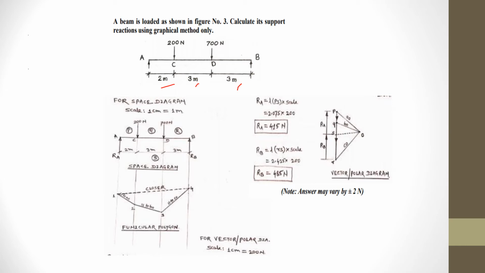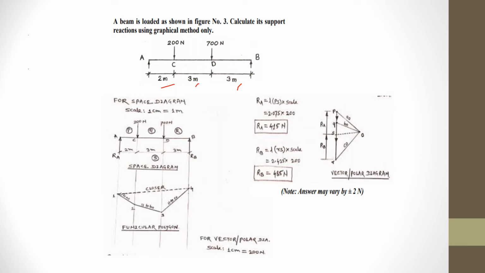So we will draw this 2 meter as 2 centimeter. So distance between AC as 2 centimeter, then CD as 3 centimeter and DB as 3 centimeter. And we have given point loads as it is. Now we will use Bow's notation here.